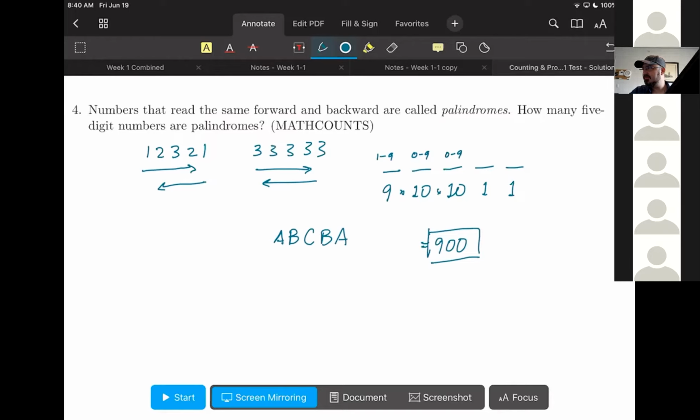Any questions on this one? Yeah, I got the same answer, and I used casework to do it. I first created a case of ones, and then I realized that when a number starts with 1, each case would have 100 numbers.